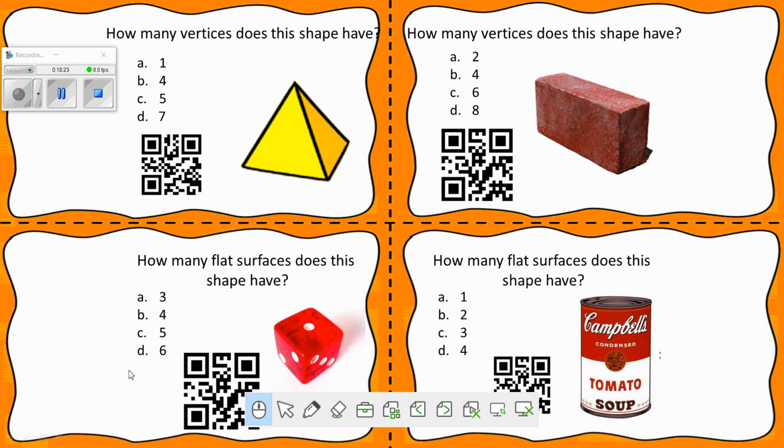So 6 faces. How many flat surfaces does this shape have? 2 faces, 0, 0. So 2, and the 2 faces are circles. Good job.